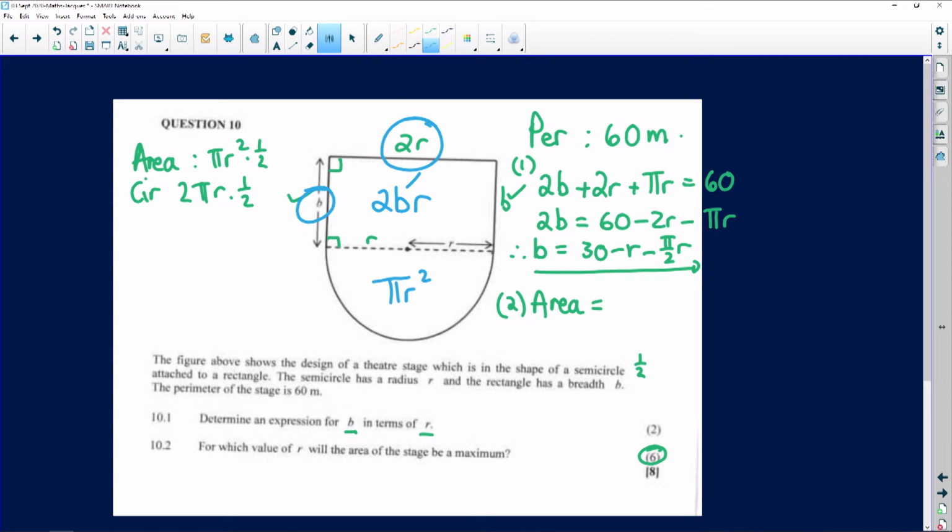Now this B over there, folks, I'm going to substitute what I have over there in the place of B. So I get 2R multiplied by that B, which is 30 minus R minus pi over 2 R, plus the half circle area. Okay, now I can clean this up. I can multiply this out. So this gives us 60R.